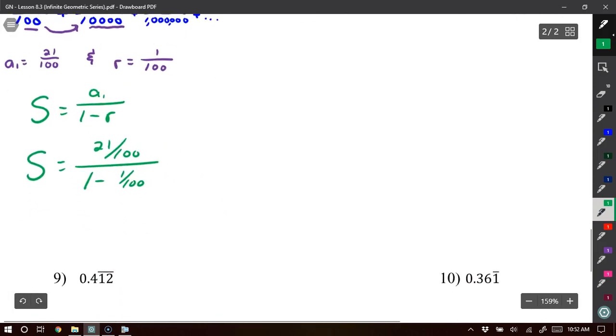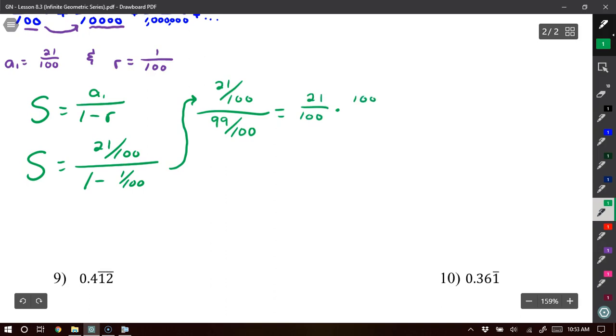And if I look at that, I'll keep the 21 over 100. But 1 minus 1 over 100 is 99 over 100. There we are again, dividing by fractions. So I keep the numerator, I flip and multiply. See, I have a 100 on top and I have a 100 on bottom.